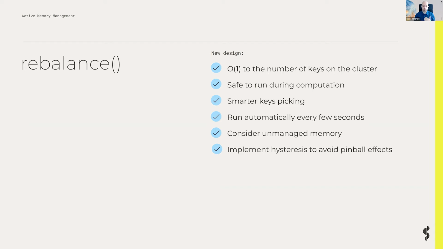After we do these changes, then we're going to implement a daemon that kicks off rebalance automatically every few seconds. The idea being that if you don't need it, it's going to take 1 millisecond every 5 seconds. If you do need it, then you're going to have a much more homogeneous RAM utilization across all your workers.